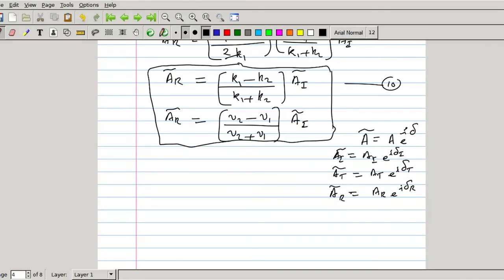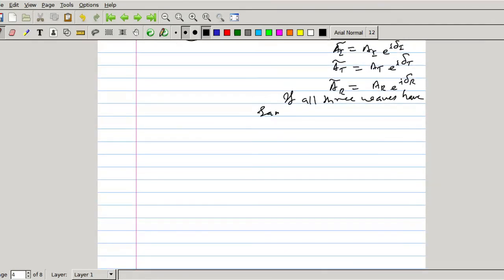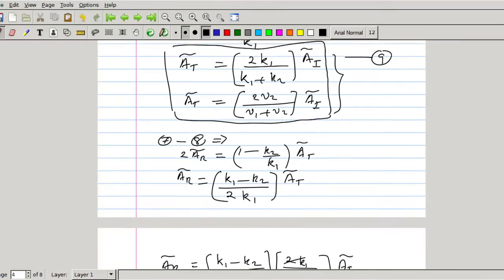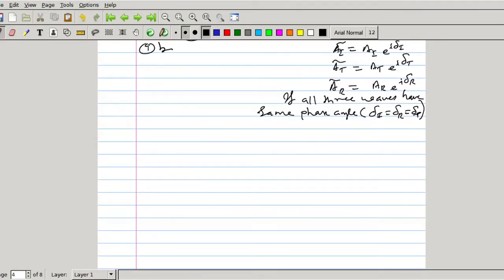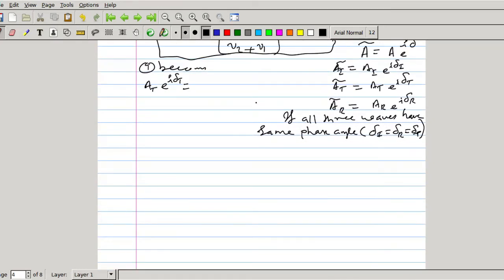If all three waves have same phase angle, then delta I equal to delta R equal to delta T. Then if all these are same, substitute in this equation, real amplitude, equation 9 becomes: instead of A transmitted complex, we can write AT real into e raised to i delta T is equal to, equation is 2 V2 by V2 plus V1 into A incident.